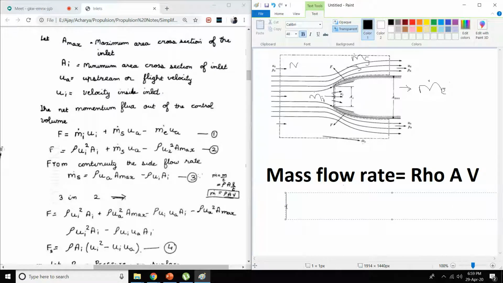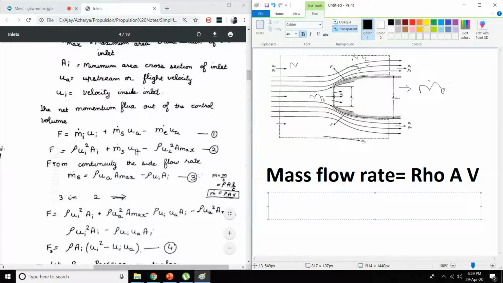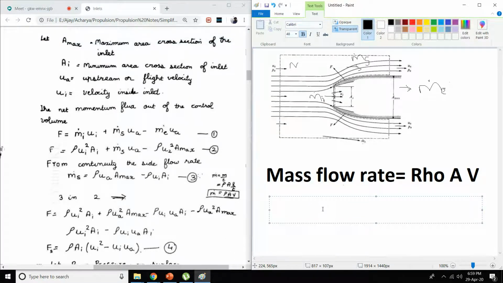Okay, now since we don't know what MS UA is, one thing we know, if you consider it as a 3D body, the mass flow in spillage will be equal to, so what you'll do here is an assumption.